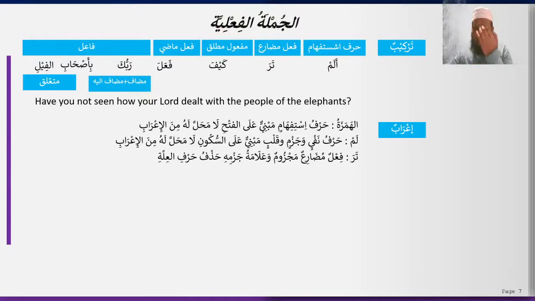Because رأى يرى to see, there is a حرف إلا there. So in all فعل مضارع مجزوم, the حرف إلا drops. We have a فعل, we need a فاعل. والفاعل ضمير مستتر وجوبا تقديره أنت.